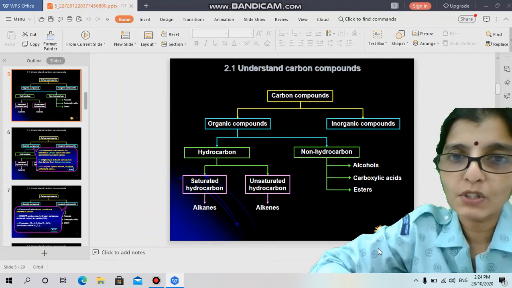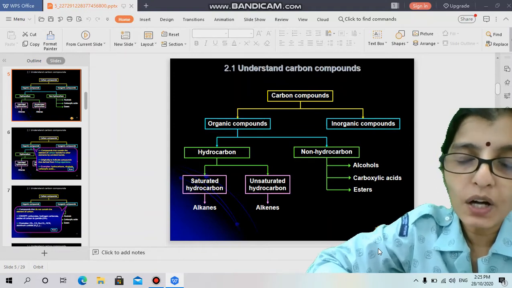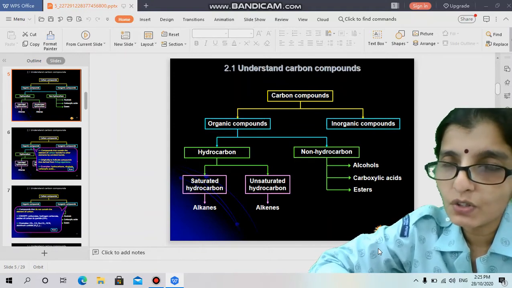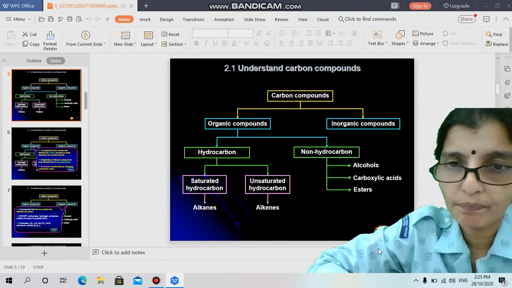Organic compounds, we can classify them into two types, which are hydrocarbon and non-hydrocarbon. If you look at the word hydrocarbon, hydrocarbons are compounds that only consist of two elements, that are carbon and hydrogen.